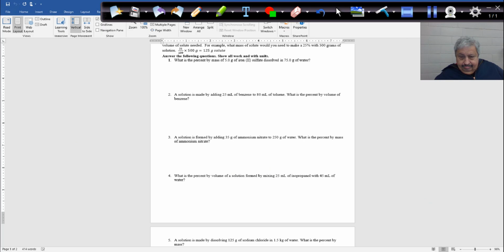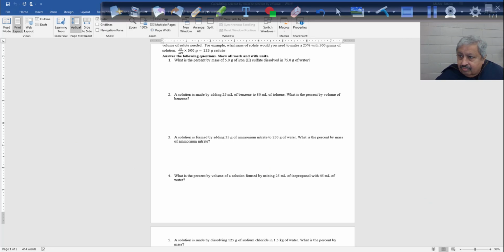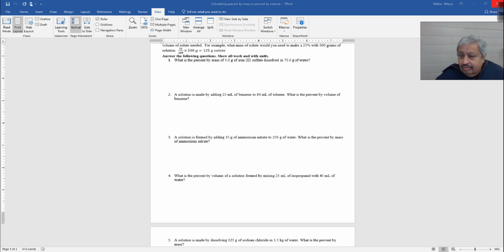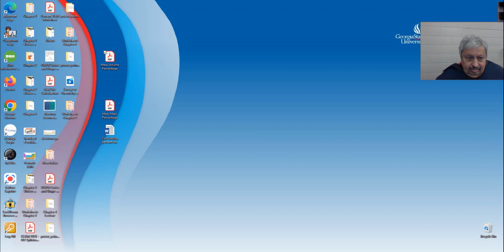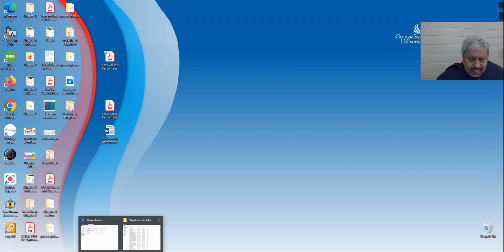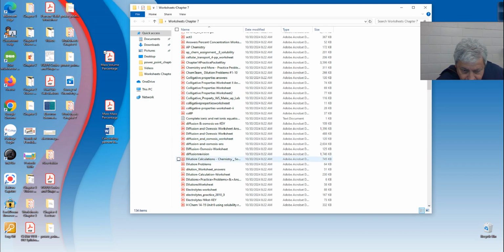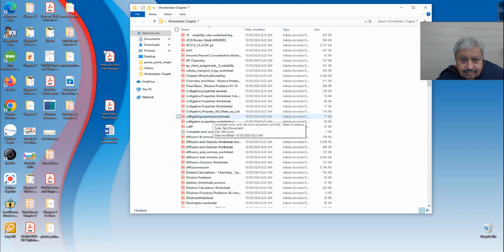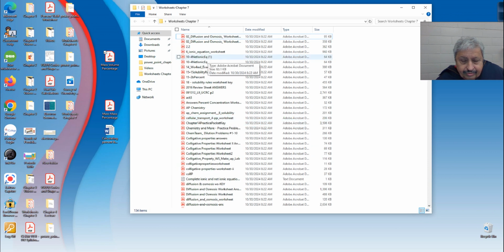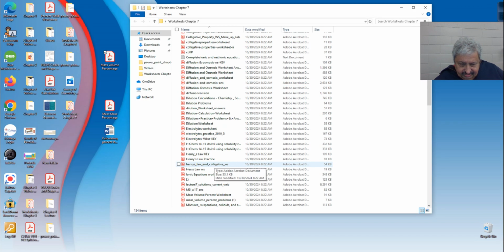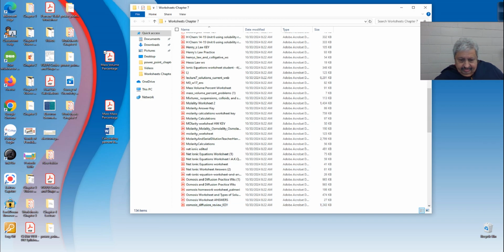In the folder you have here, we have dilution and molarity. Those are very important. Yes, here they are.